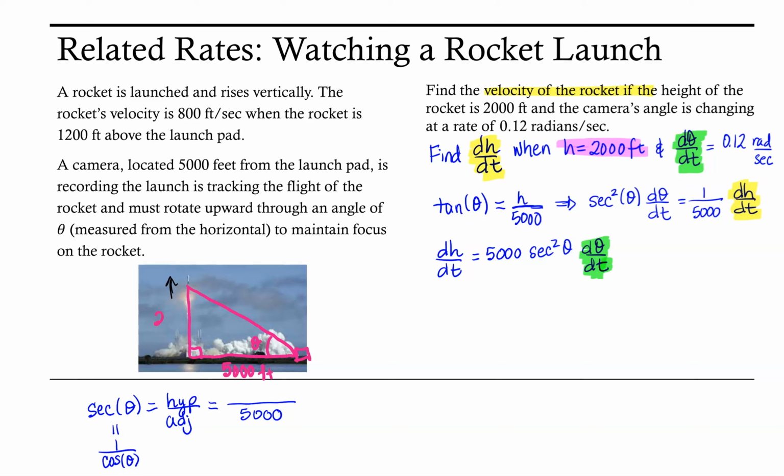And the specific snapshot in time that I'm interested in is when that height is 2,000 feet. And with the information about the height and the base of this triangle, we can go ahead and find that hypotenuse. So we'll call that S, and we'll go ahead and determine the value of S. So this numerator in my secant ratio will be S, and let's figure out what that is.